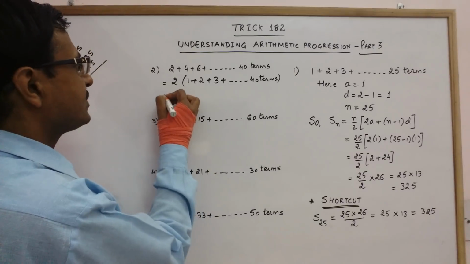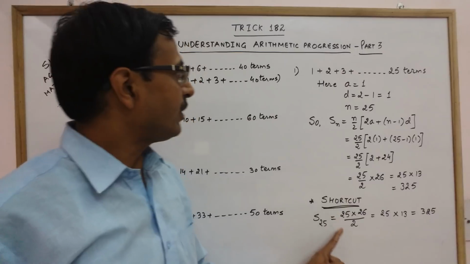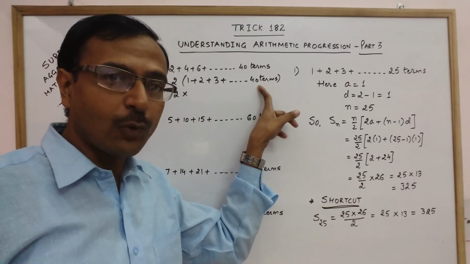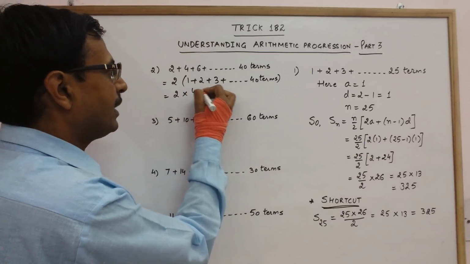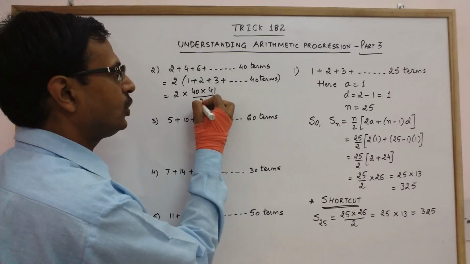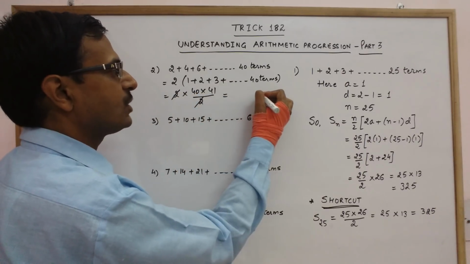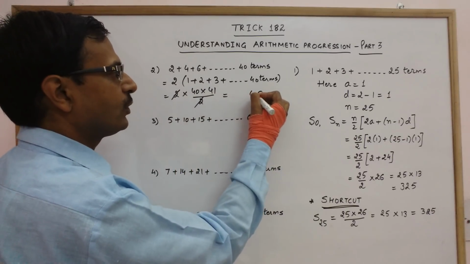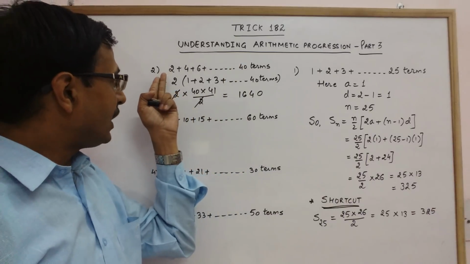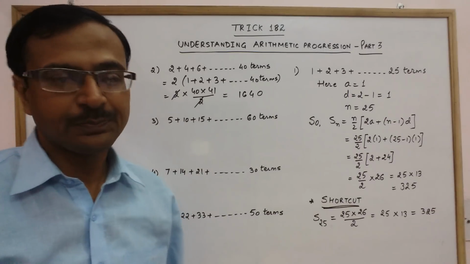So now it is very easy, this 2 will be there, and the sum of first n natural numbers is given by taking how many natural numbers are to be taken here, 40. So take 40, multiply by the next consecutive number 41 and divide by 2. So 2 cancels out, and if you multiply this, 0 will be there. So 4 ones are 4, 4 fours are 16. So the sum of first 40 terms of multiples of 2 is 1640.